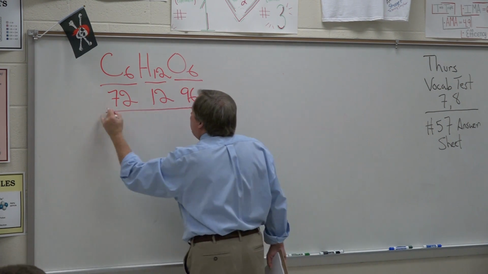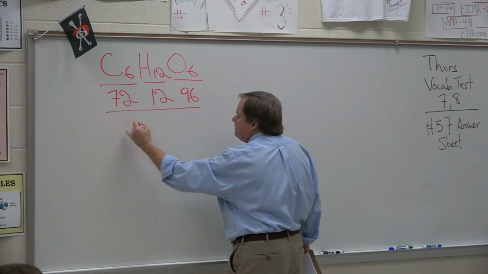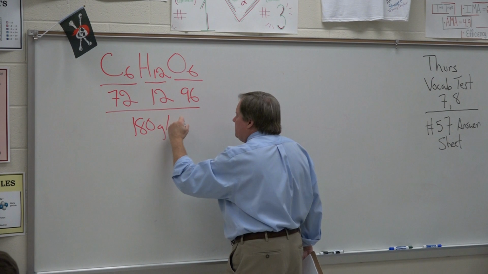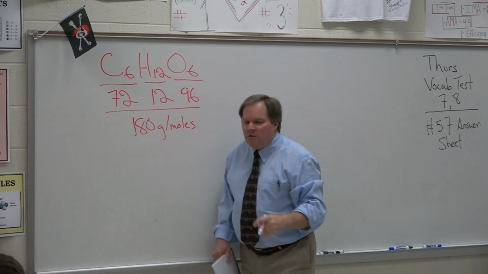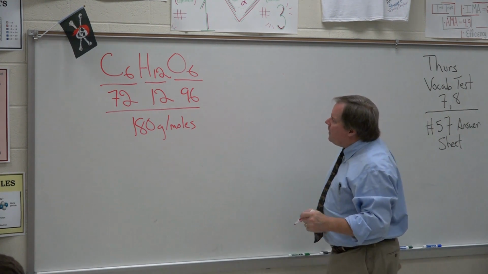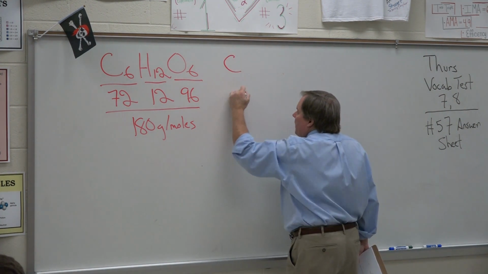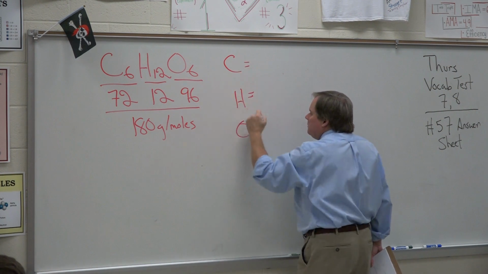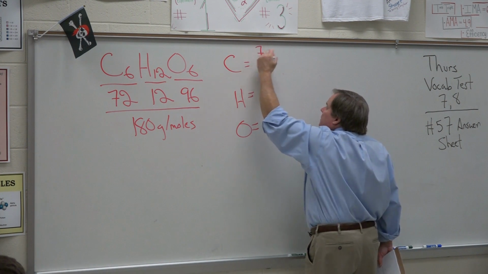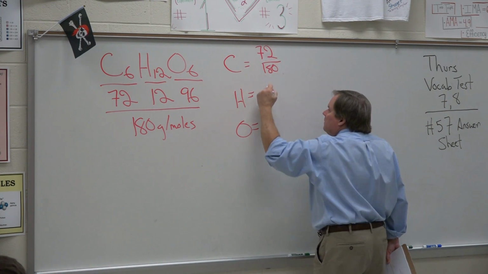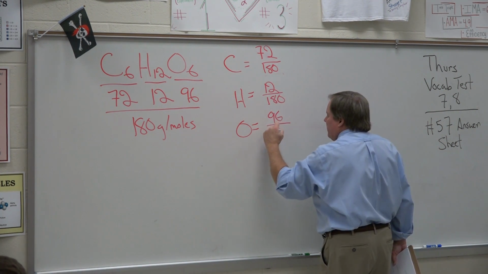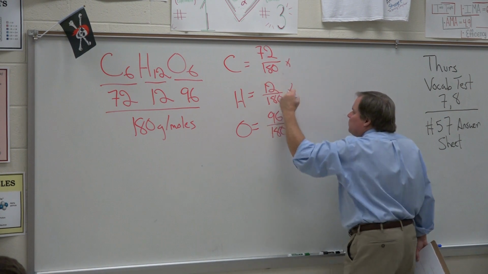So at the end of the day, 1 mole of glucose weighs 180 grams per mole. If you're going into the medical field, you might want to memorize that one. So what are my 3 ratios for C, H, and O? 72 over 180, 12 over 180, and 96 over 180, all times 100%.